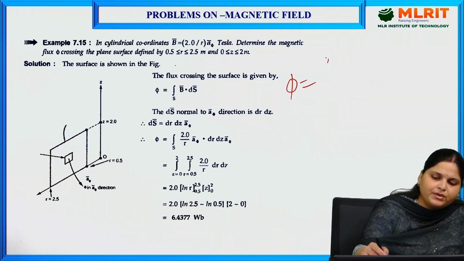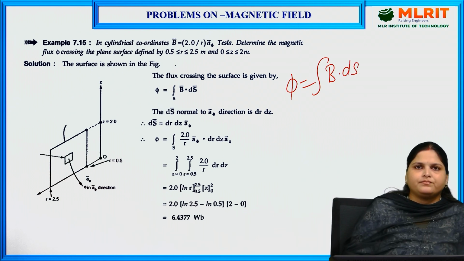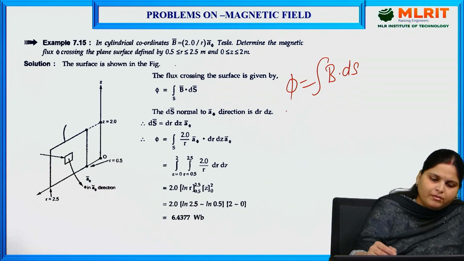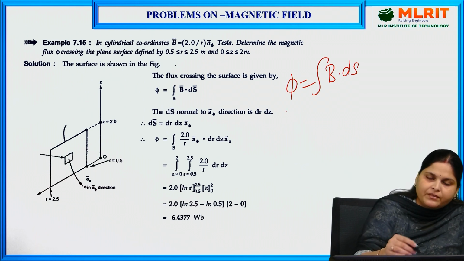Phi is equal to integration of B dot ds. Now we have to write B, which is already given in the question.